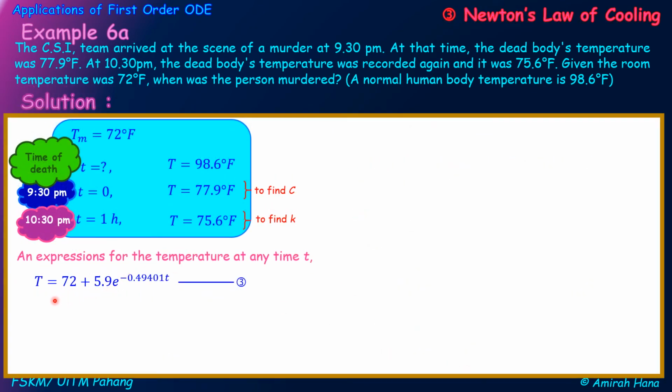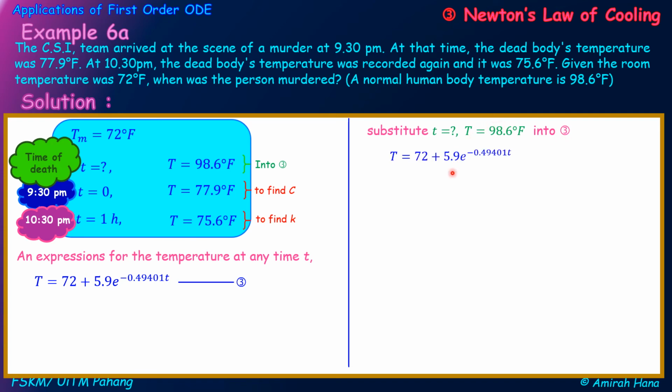From the previous slide, we get temperature = 72 + 5.9e^(-0.49401T). This is an expression for the temperature at any time T. After that, we can find the time of death. We substitute temperature = 98.6 degrees Fahrenheit into equation 3.